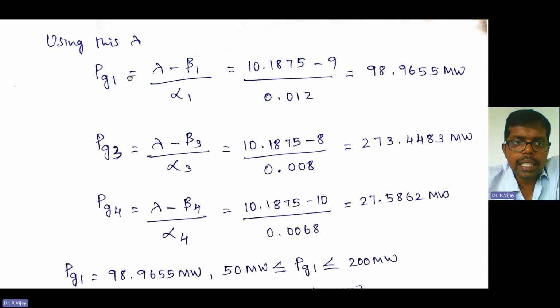PG1 is equal to lambda minus beta1 divided by alpha1. In the actual lambda iteration method the formula is lambda minus bi divided by 2ai, but here the incremental cost, that is the differentiated value, is given, so we take it as alpha1. Substituting the values for beta1, alpha1 and lambda here.